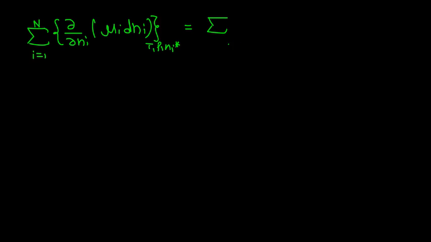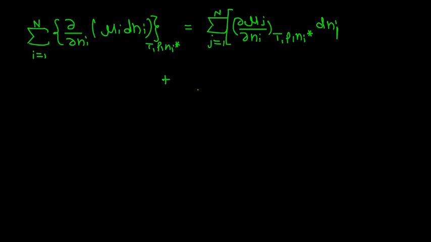Now I need to choose another index j which goes from 1 to capital N. Okay, and this will become del mu I by del nj, keeping T, P, ni star constant, times dnj, plus.